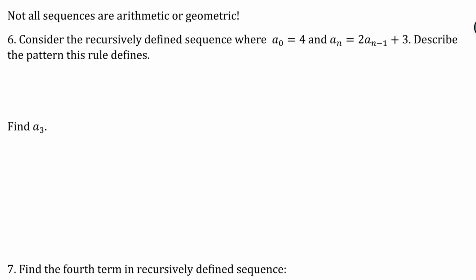It tells us a sub 0 equals 4, and it wants us to find some of the values of these terms. So it says, describe the pattern this rule defines.